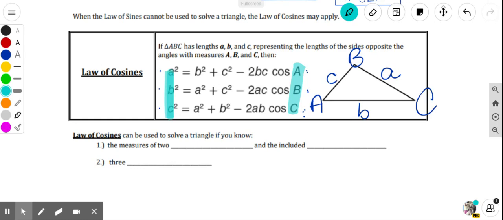So whatever angle you're choosing or where you have to use in this spot, the capital letters, the side opposite that angle will always be on the left side of the equation.